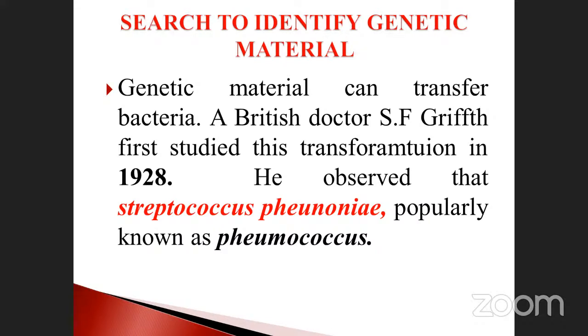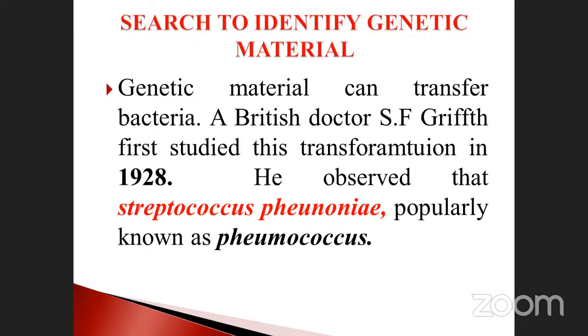After that transformation, what happened? It will split into two halves. This is the methodology and also the reproduction process. Conjugation tubes are also formed. You already know about those things also.